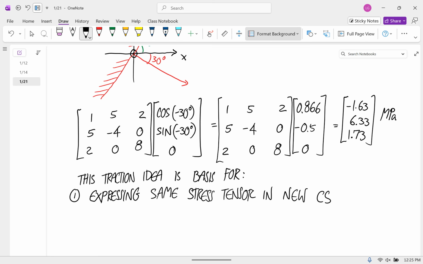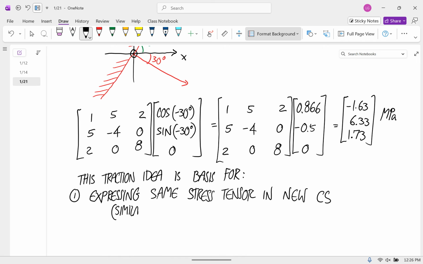And to understand what that means, think about vectors, because tensors and vectors are very similar things. You know how if you have a vector in one coordinate system, it has a certain set of components. And then if you want to express it in a new coordinate system, it has a different set of components, but it didn't change what the vector was. The vector still has the same orientation in space. It's kind of the same thing with a stress tensor. If you express a stress tensor in a different coordinate system, the numbers are different, but it's still the same thing.